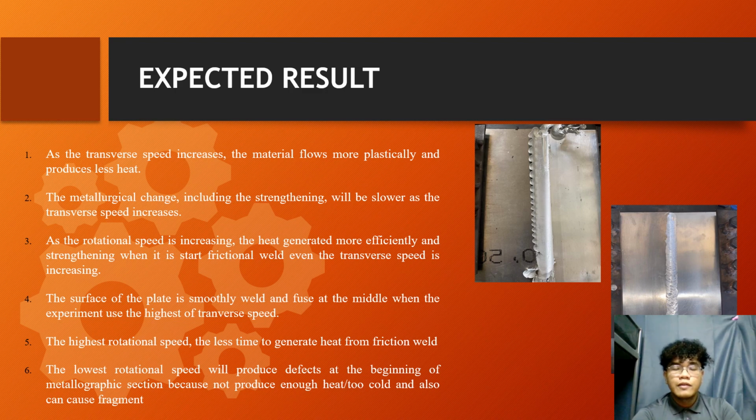As we can see in the first figure, in the beginning there is smooth welding until the last part, where there are growth and flash defects on the plate. For the second picture, the plate does not get suitable heat, so the welding becomes like that.